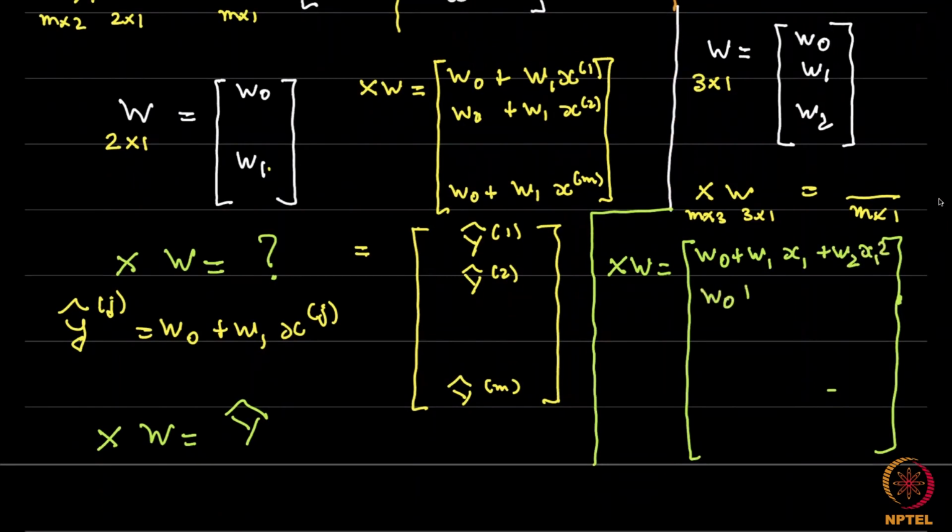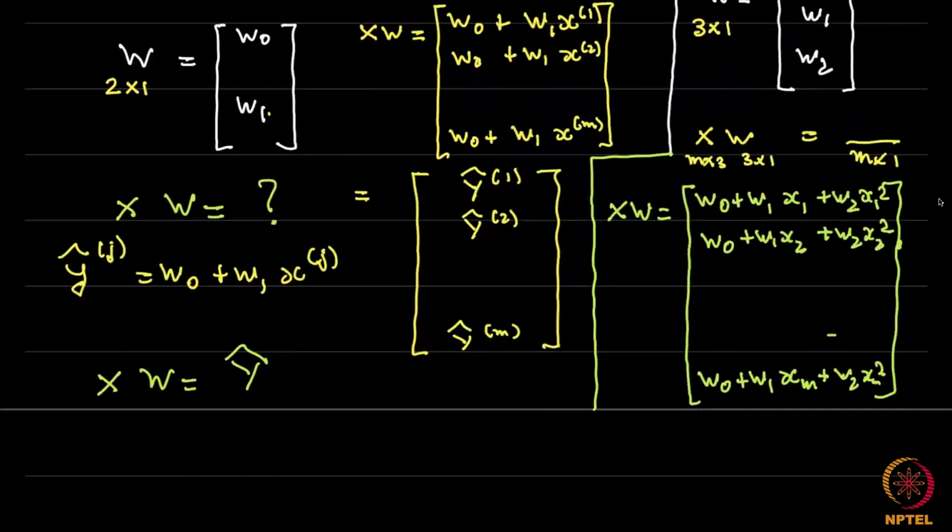Similarly, the next term will be W0 plus W1 X2 plus W2 X2 square. Notice that I am moving around the subscript and superscript a little bit just because we don't want to get confused with the squares. Okay. And the last term will be W0 plus W1 XM plus W2 XM square. So put together, these are exactly the predictions of the quadratic model. So once again, here too, XW equals Y hat.